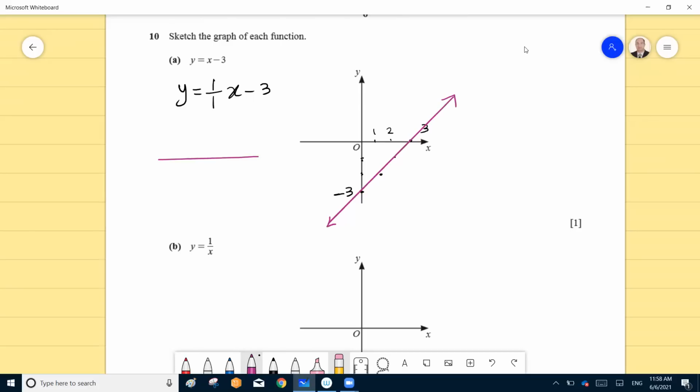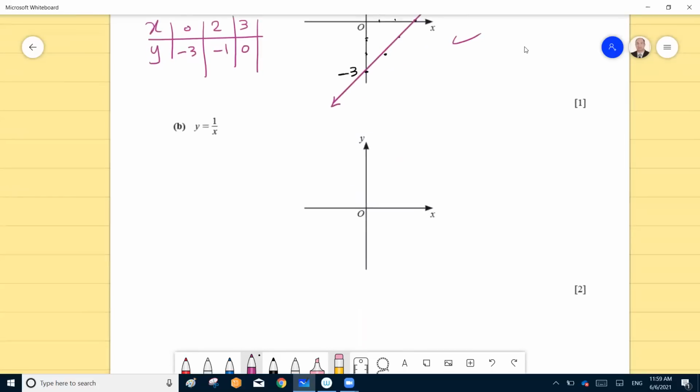Or you can form a table if you want for values x and y. You just insert any arbitrary points, 0, 1, 2, 3, any values, and calculate the corresponding values: 0 minus 3 is -3, 2 minus 3 is -1, and 3 minus 3 is 0. Take these ordered pairs and plot them on the Cartesian plane, and you will get the same line.